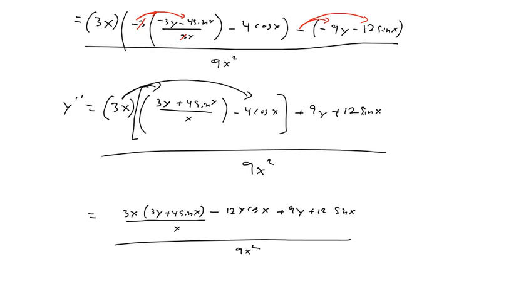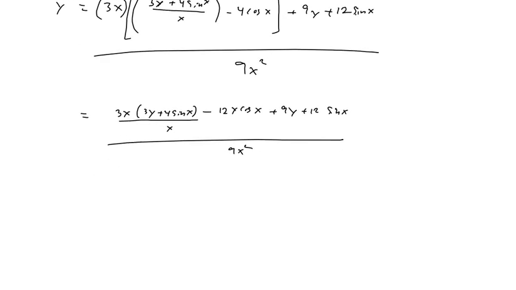Okay, a little bit more. This x here and this x here can cancel. And then I distribute that 3 inside. So I'm eliminating pieces left and right. So 9y plus 12 sine x minus 12x cosine x plus 9y plus 12 sine x.